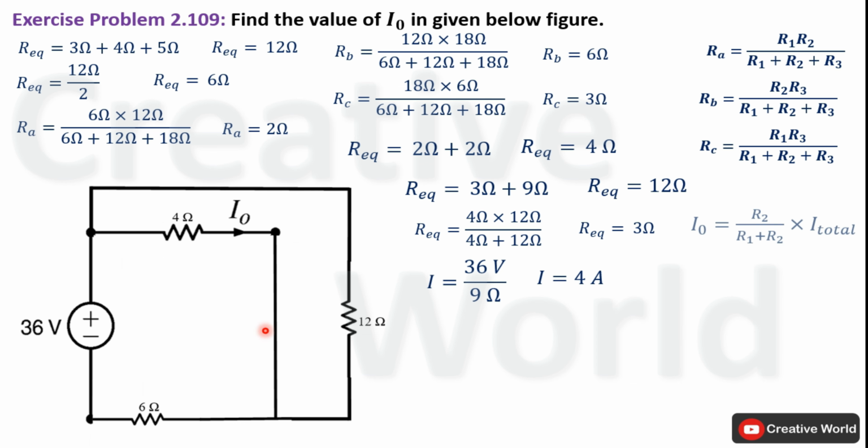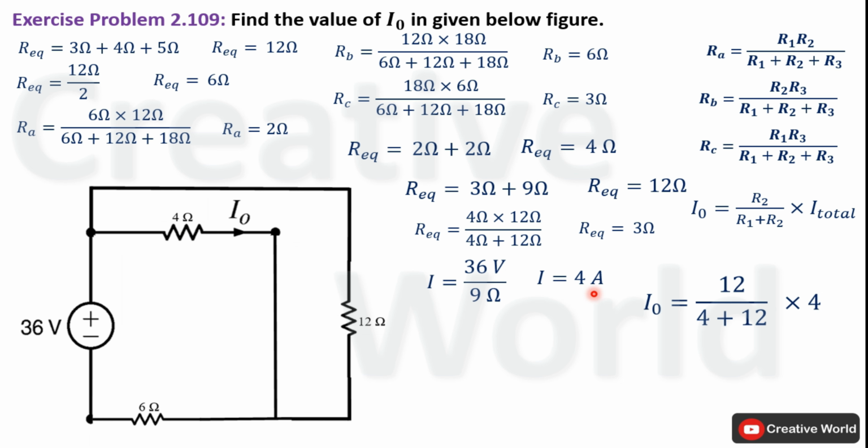For that purpose we will use this equation of current divider rule. I0 will be calculated using this equation. In this case R1 will be 4 ohm and R2 will be 12 ohm while total supplied current is 4 ampere. Place values inside this equation.